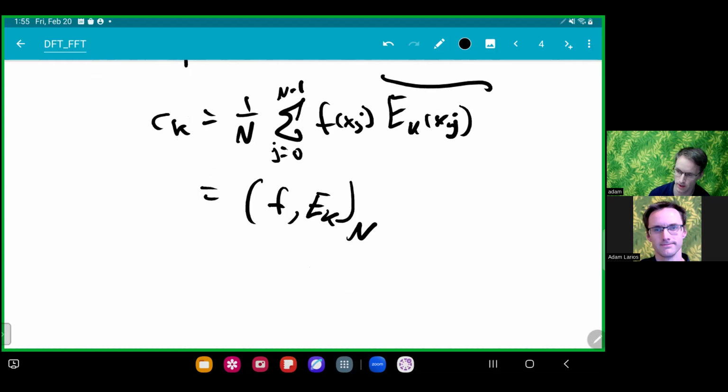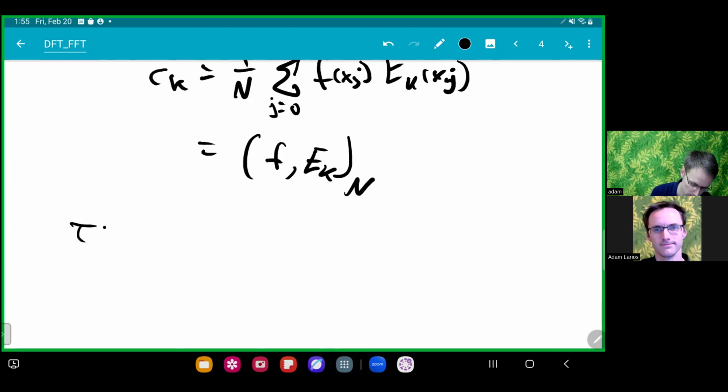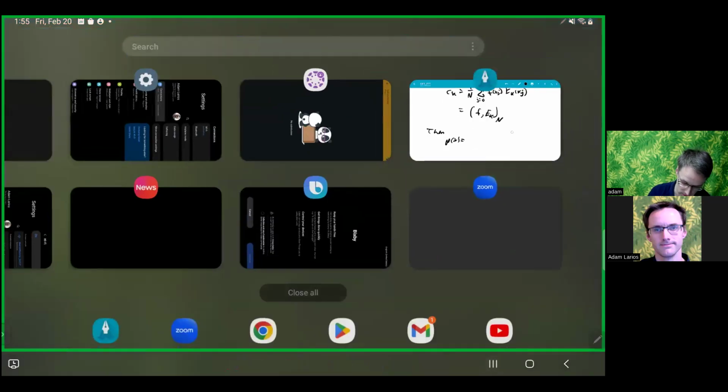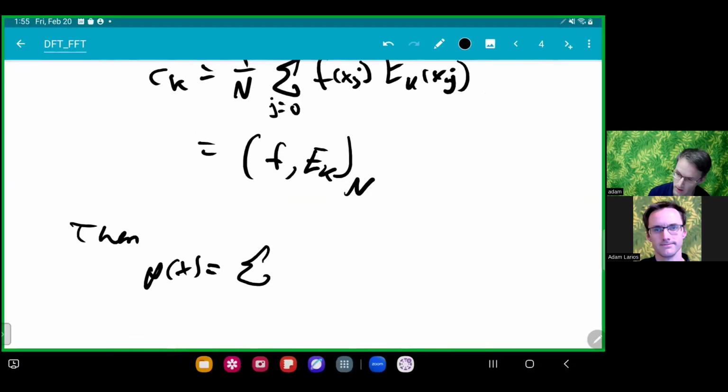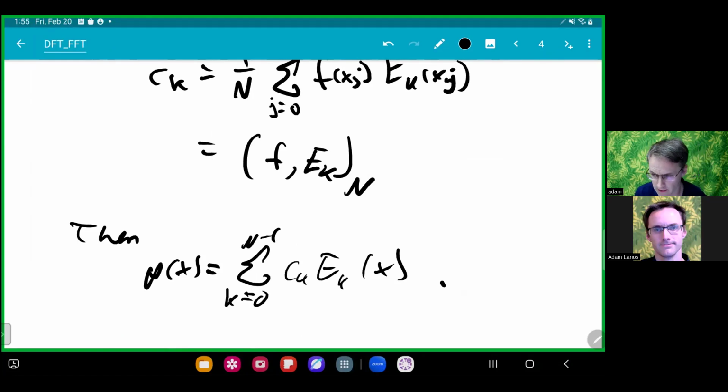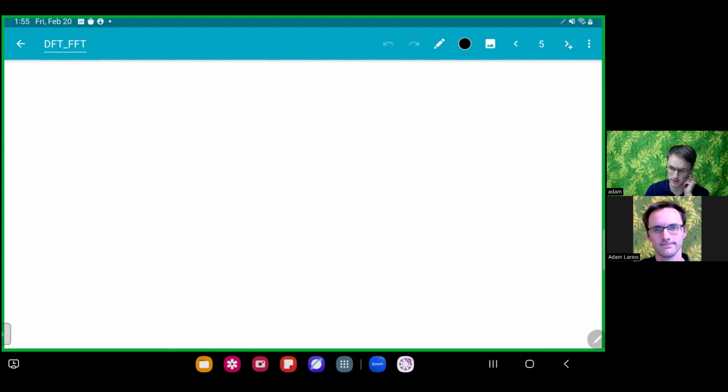So we have a nice formula. Then our interpolating polynomial is just the sum of c_k e_k(x), k goes from 0 up to n minus 1, where c_k is given by this formula. So in that sense, we're done with the trigonometric interpolation.